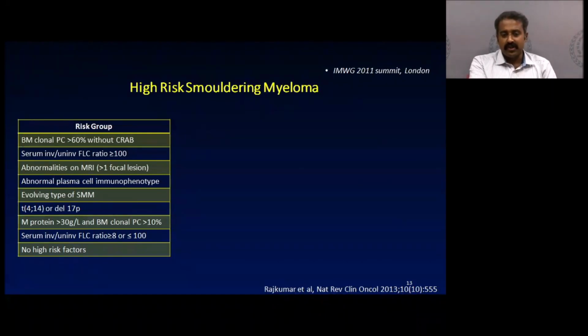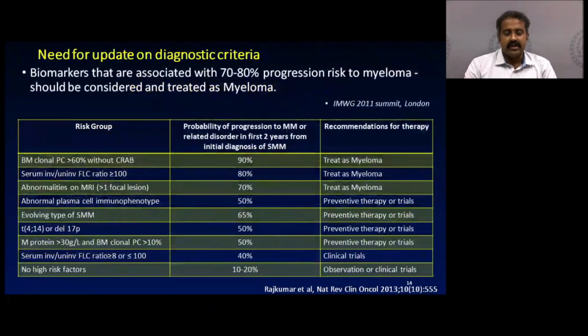And when these patients were followed up for a long time, they found 3 sets of patients: if you have a bone marrow clonal plasma cell more than 60% even without end organ damage, or if you have a serum free light chain ratio of more than 100 at diagnosis, or if you have abnormalities in the MRI which show more than 1 focal lesion in the marrow. In this subset of patients, the chance of progressing to multiple myeloma was around 80 to 90% compared to the other group where the progression was less.